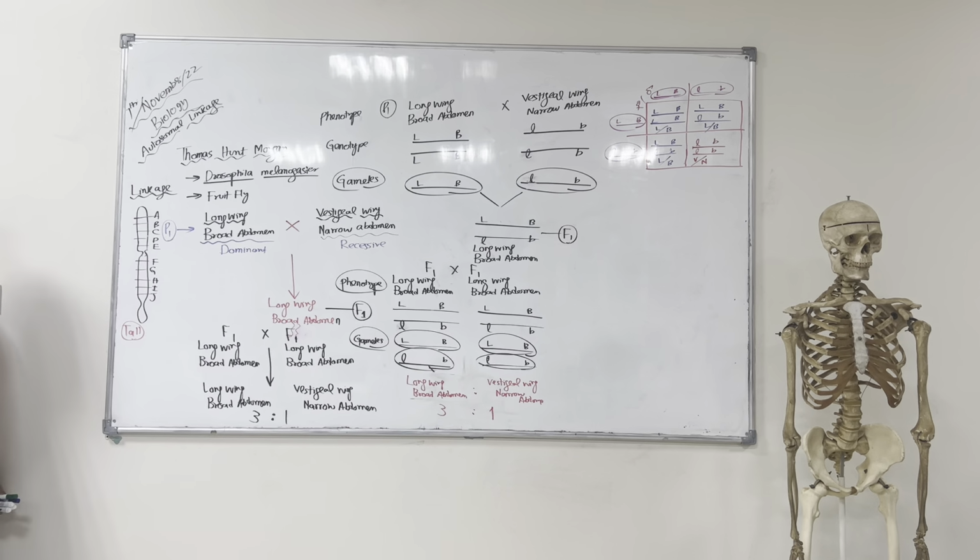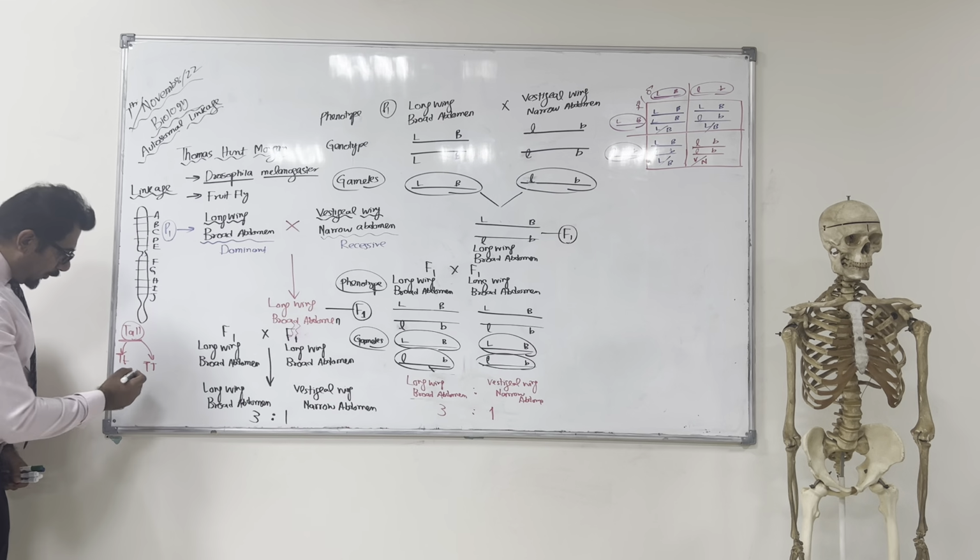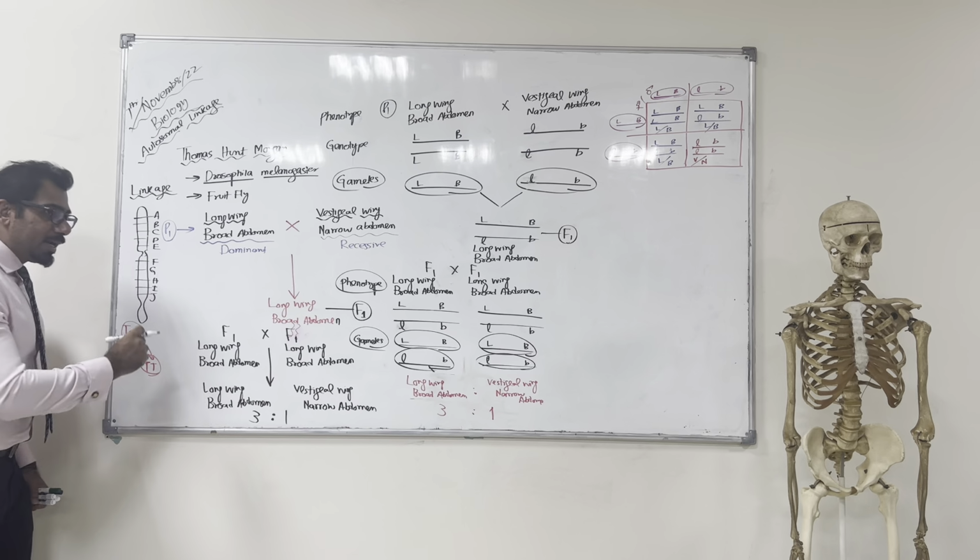No, listen, let me remind you, you guys did not study at home. If the organism under observation is homozygous, all the offspring of the test cross will be dominant. Understand? And if the organism under observation is heterozygous, then 50% will be dominant, 50% will be recessive.